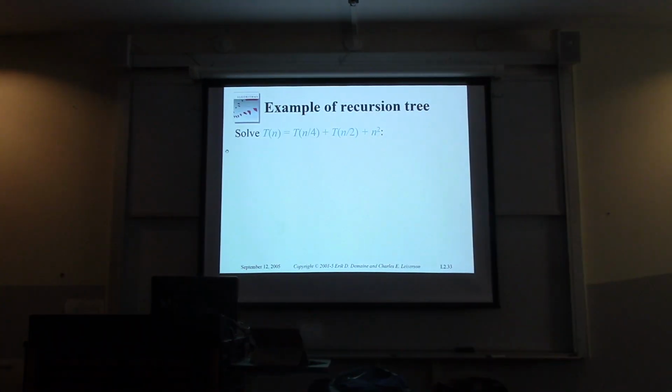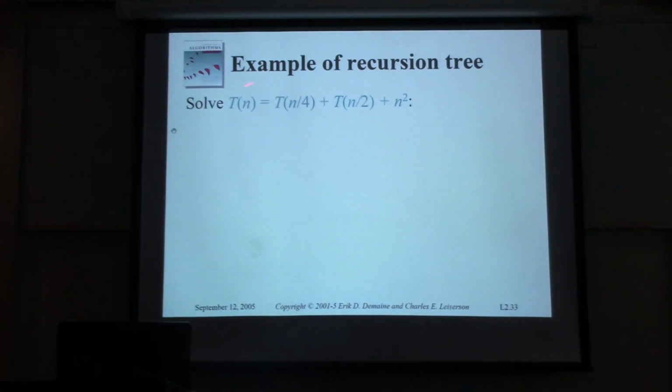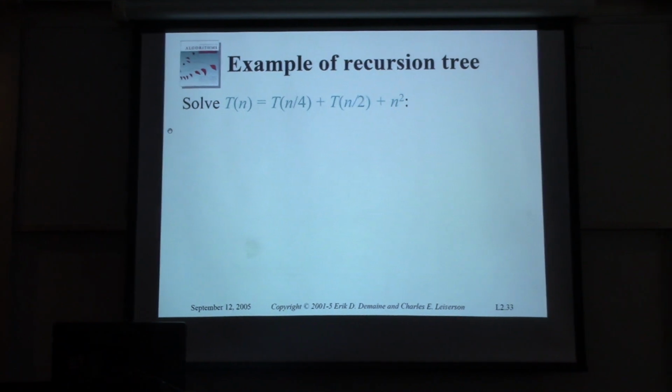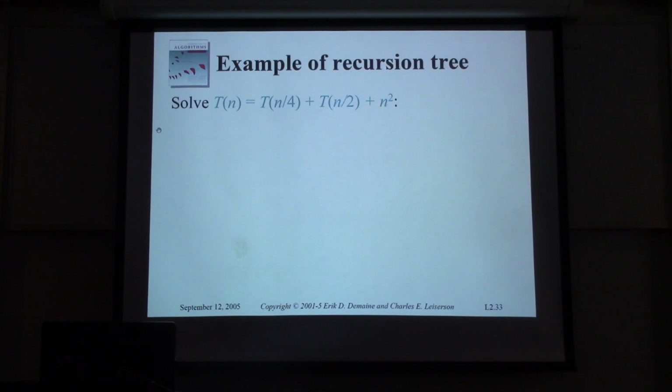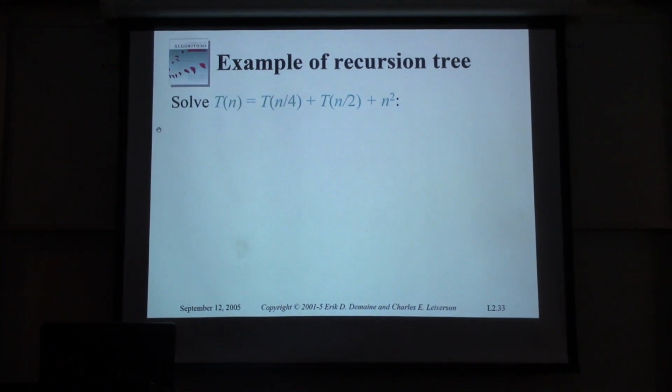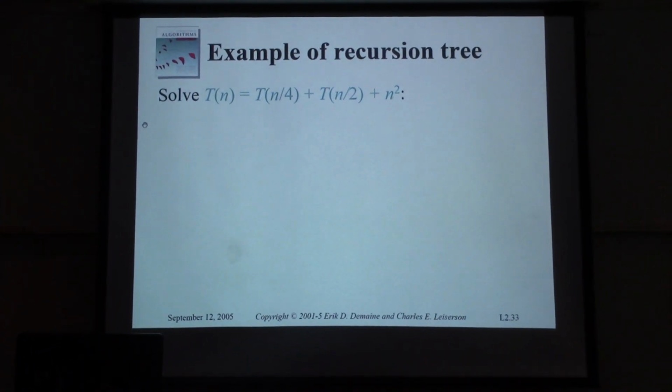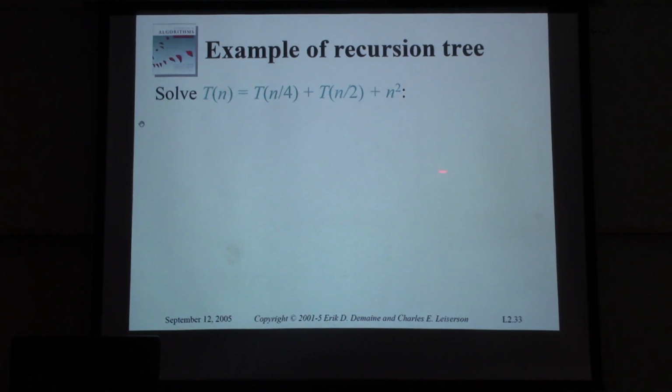So, for example, let's say the complexity of our algorithm is T of n equals T of n over 4 plus T of n over 2 plus n squared. Okay, let's make sure we are clear on what each of these things are. What is this part referring to in terms of cost?